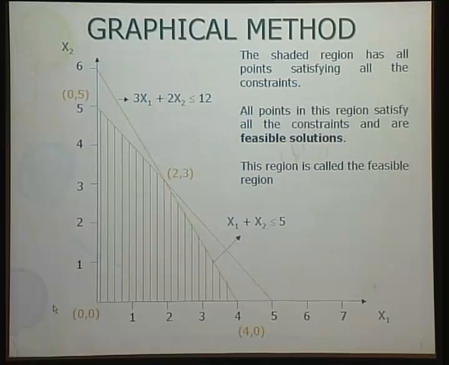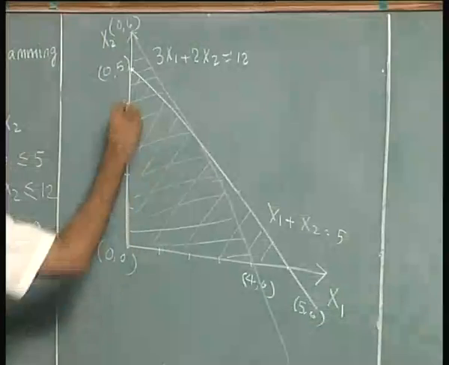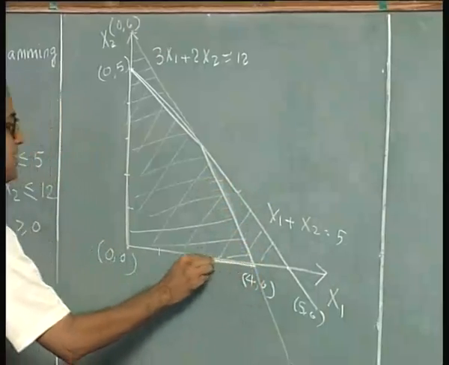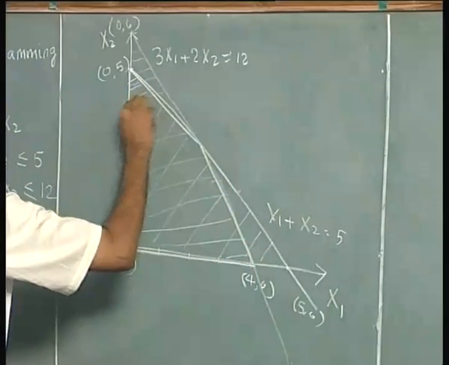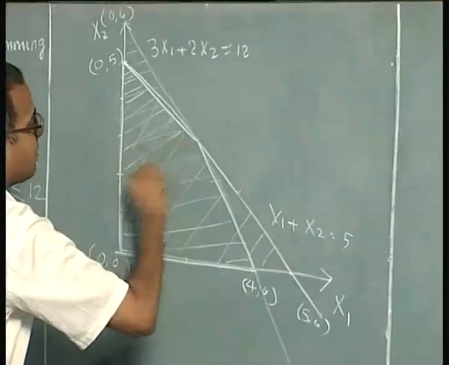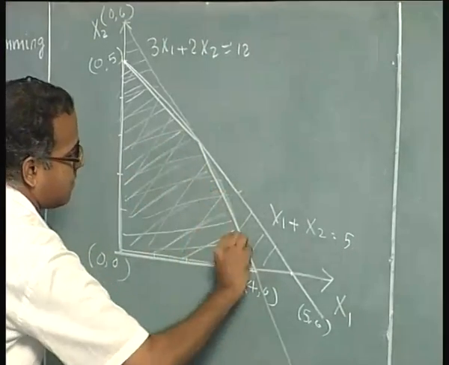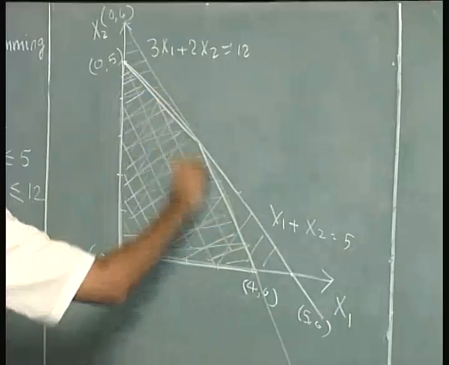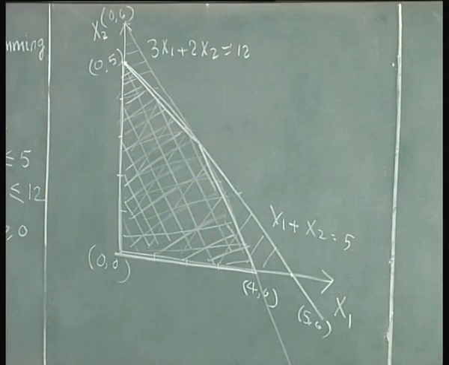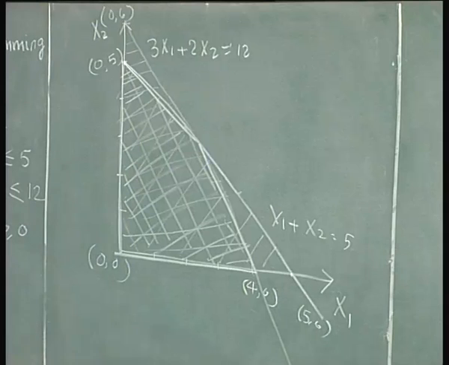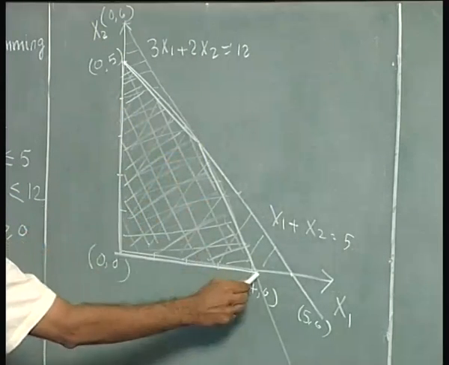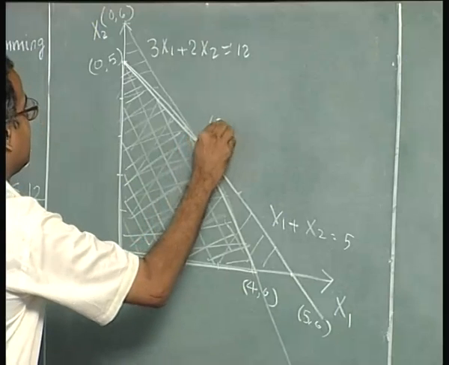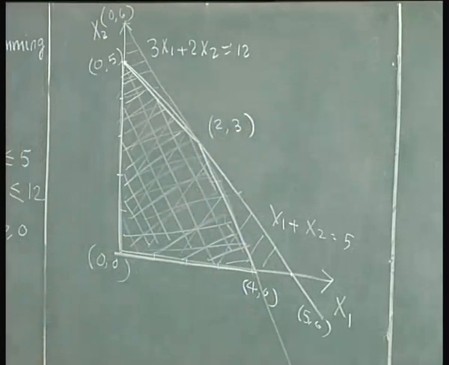So, in this graph you will see that this represents the region which is common to these two. So, these two constraints are now represented by this region which is shown in this graph, and this is the point of intersection which is 2, 3.